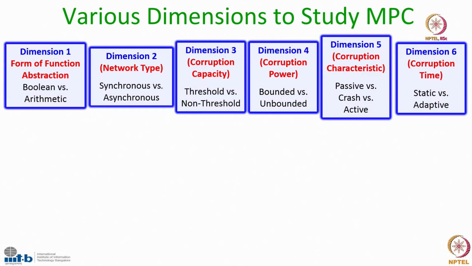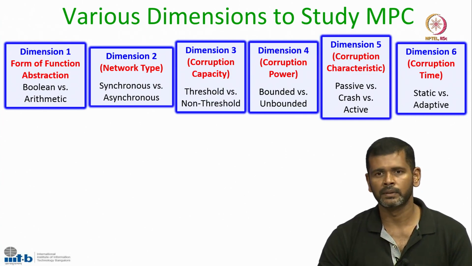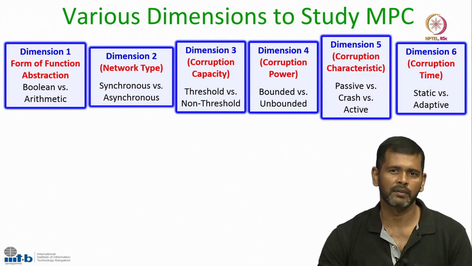So, there are various dimensions to study the MPC problem depending upon how we abstract the function, whether the function is abstracted as a Boolean function or represented as an arithmetic circuit, what the type of the network is through which the participants will be communicating in the protocol, whether it is synchronous or asynchronous, and how we model the distrust in the system.